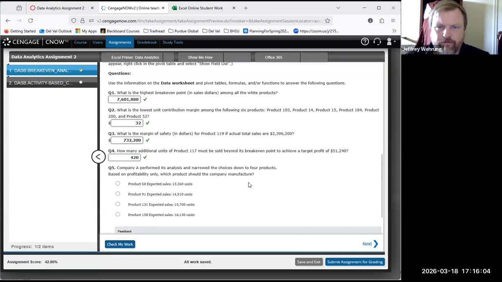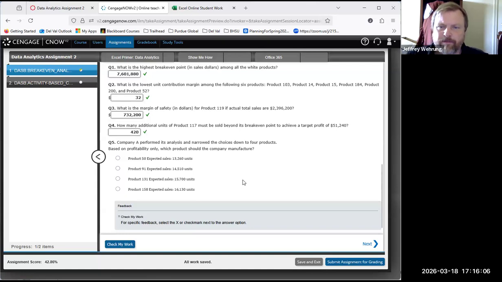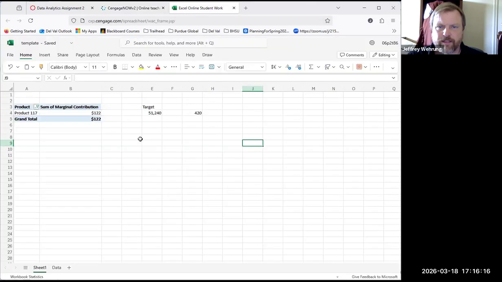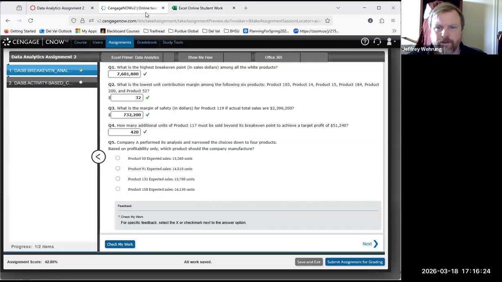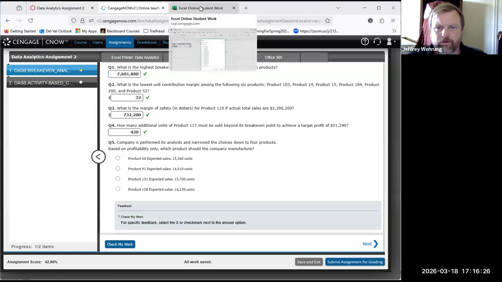Awesome. Okay, Q5. Company A performed its analysis and narrowed the choices down to 4 products based on profitability only. Which product should the company manufacture? Okay, so we're going to look at just those 4 products. What do we have? 50, 91, 131, 158.